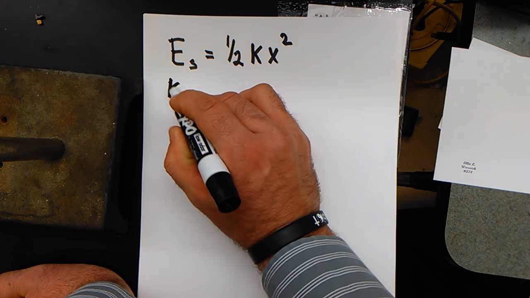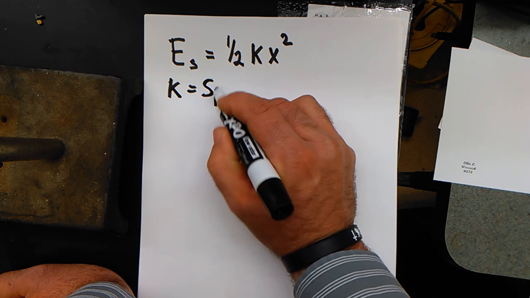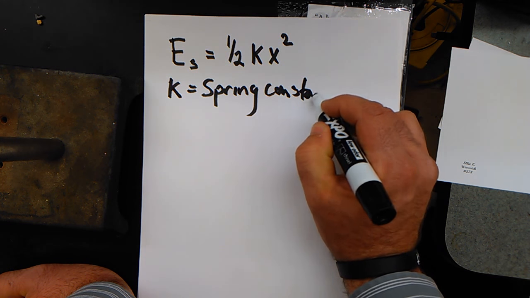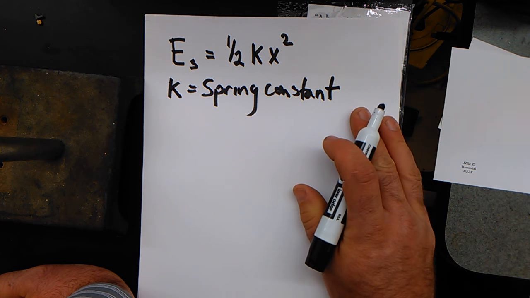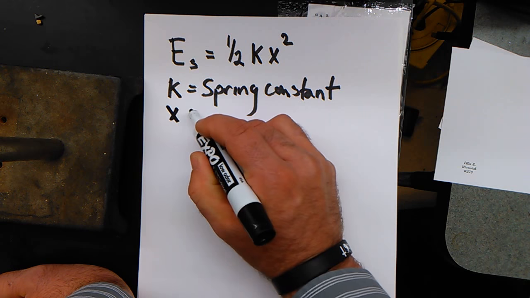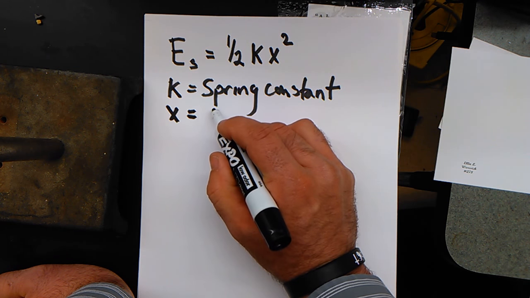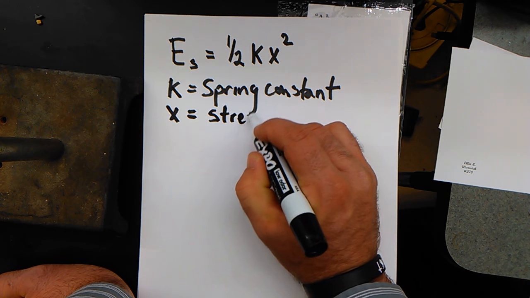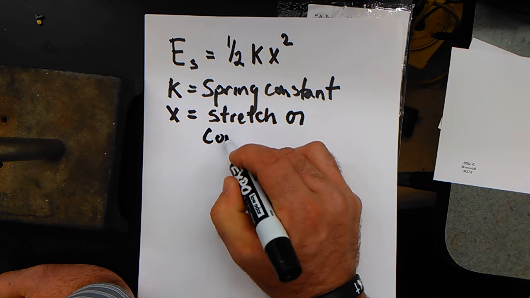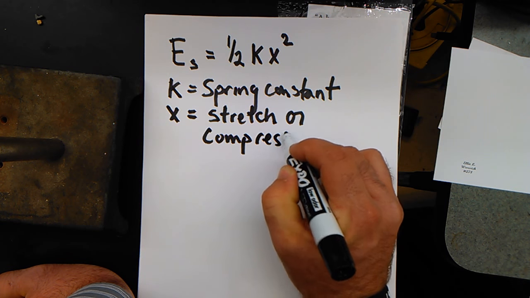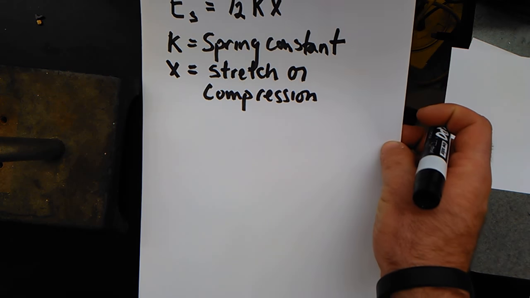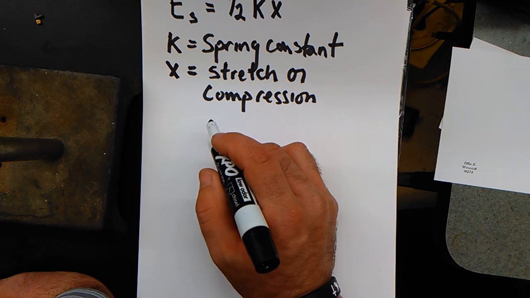So k, we know, is our spring constant, which tells us how strong the spring is. And x in this formula is stretch or compression. What I'm going to do is show you what stretch or compression is with a picture.